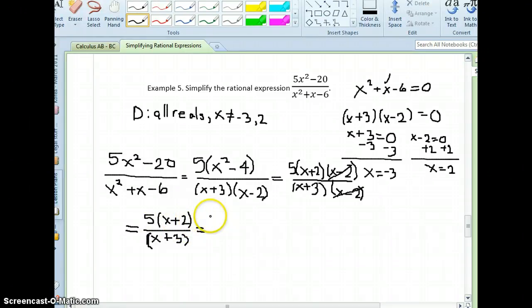So let's go ahead and do that. So distribute the 5, so I get 5x plus 10. So the parentheses are gone in the numerator. And then in the denominator we only have x plus 3. So no parentheses needed there. So this is the simplified form of our original rational expression.